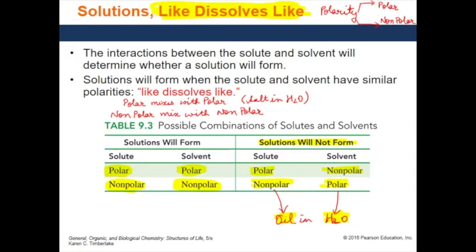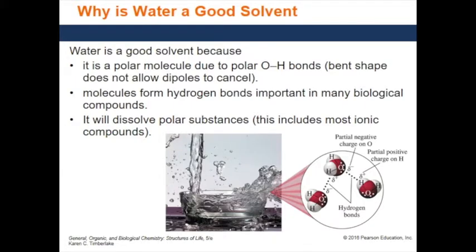Okay. Moving on, one quick question would be: why is water such a good solvent? If you think of solutions, most of the time what comes to our mind is something dissolved in water. So why do we always think of water as a part of a solution? Because water is a very good solvent. Why is that? First thing, we know water is a polar molecule.